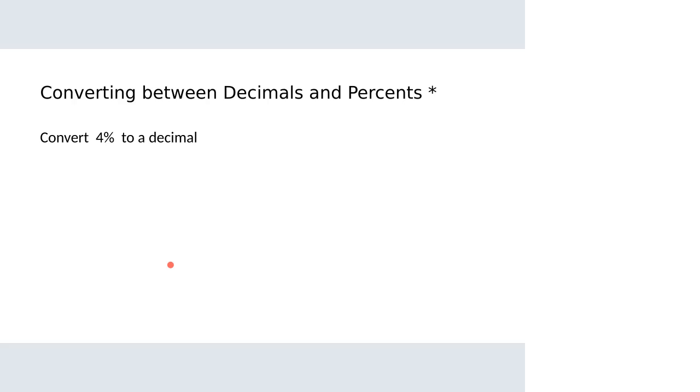And we're just rewriting that as a decimal. You may want to go through the fraction to get there. You may just want to move the decimal point. Be a little bit careful, though, when you do this one. Let's go another 15 seconds, and then we'll talk about it.